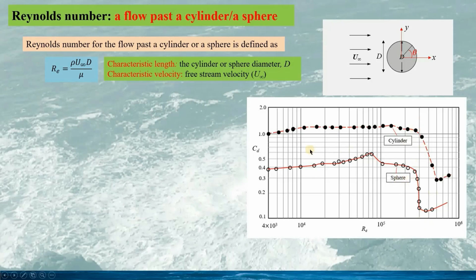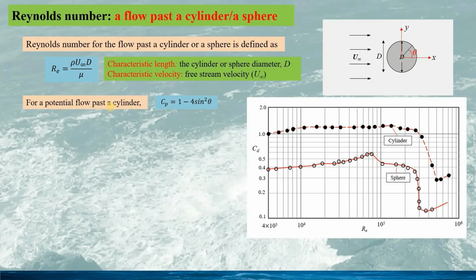Next, we will have a look at why the drag coefficient for the cylinder is much larger than the drag coefficient on the sphere. In an extreme case, when the Reynolds number is infinite, that means the fluid viscosity is zero. It would correspond to a potential flow.